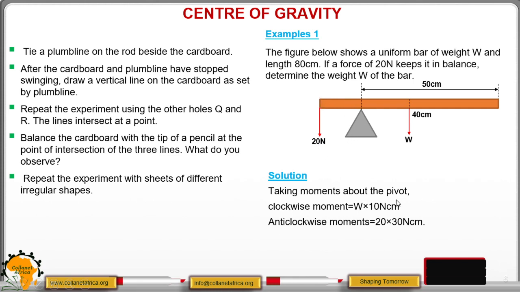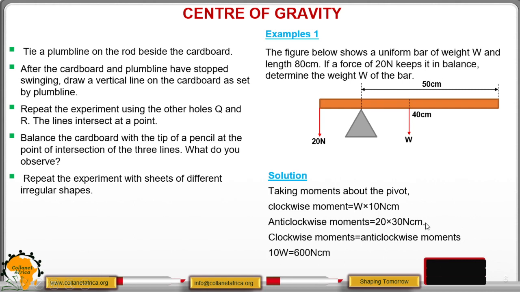So it will be 20 newtons times the distance from here to here. Of course, if the length is 80 centimeters, it means that the length from here to here is 30 centimeters. Then using the principle of moments, the clockwise moment is equal to the anticlockwise moment.